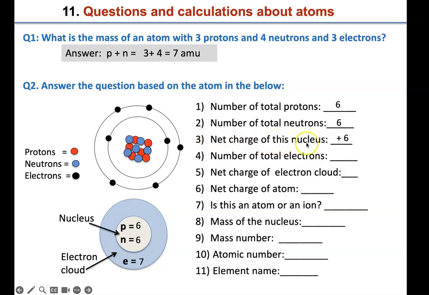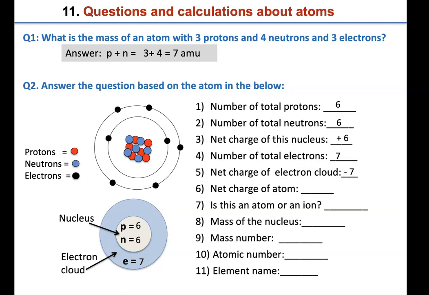And the net charge of the nucleus is based on how many protons you have, because neutrons have no charge. So it's going to be plus 6 because we have 6 protons. The number of total electrons, we already found it. So what is the net charge of the electron cloud? It's the number of electrons, and you put a minus sign in the front.